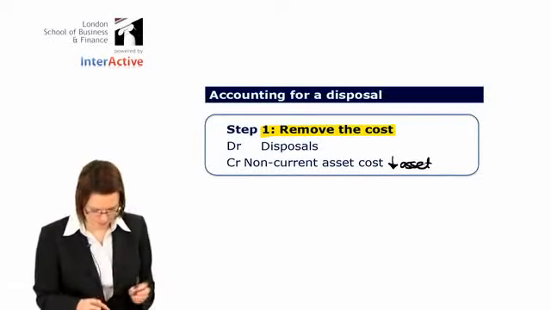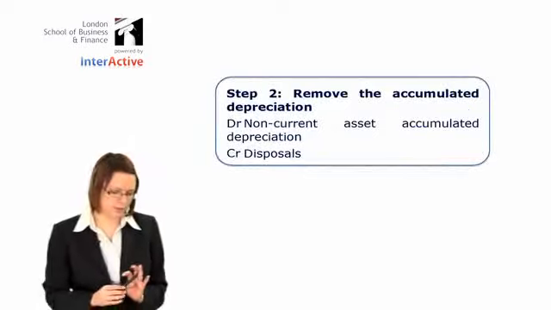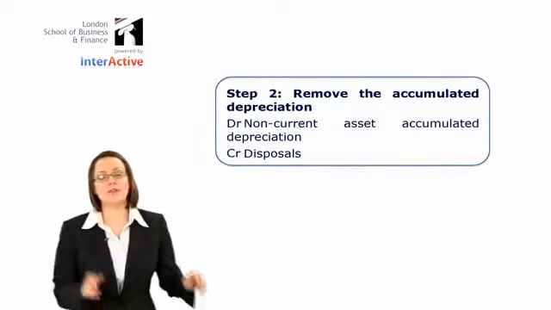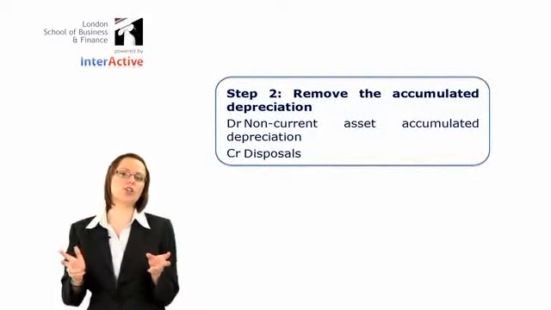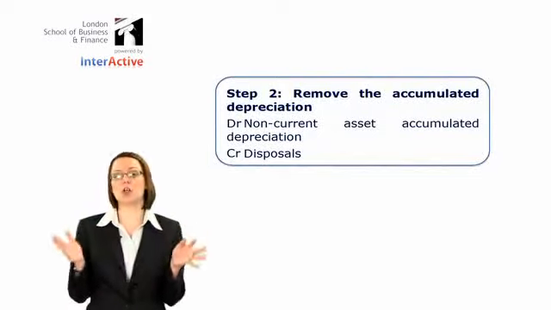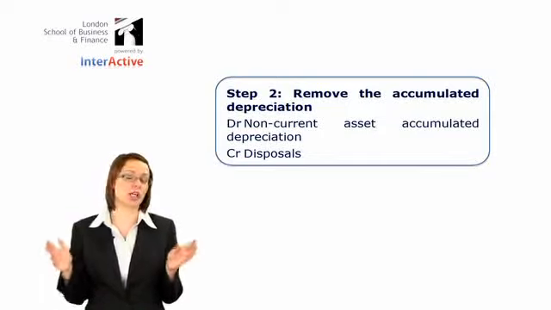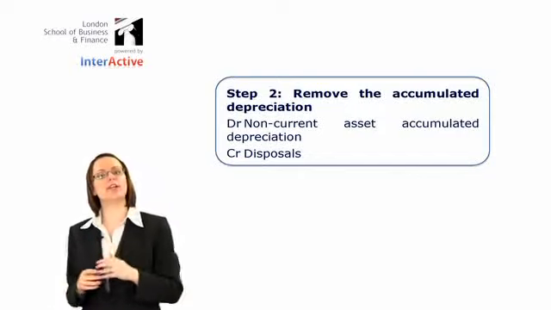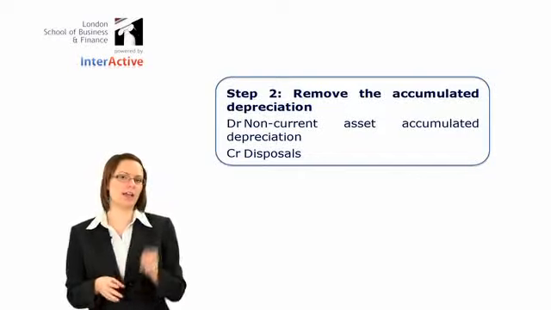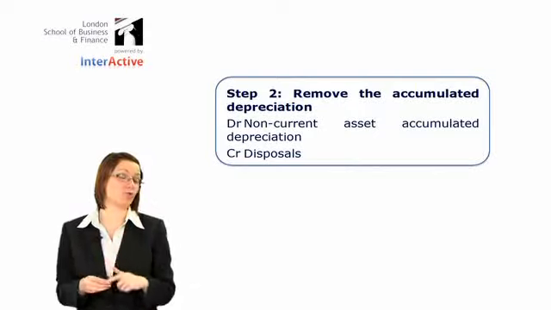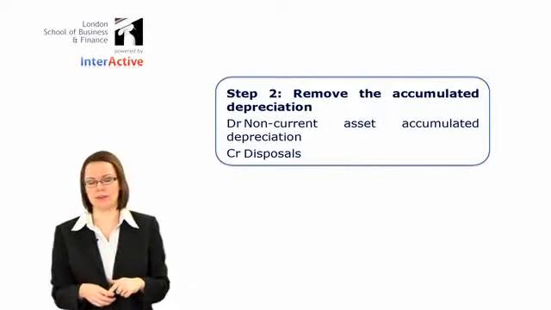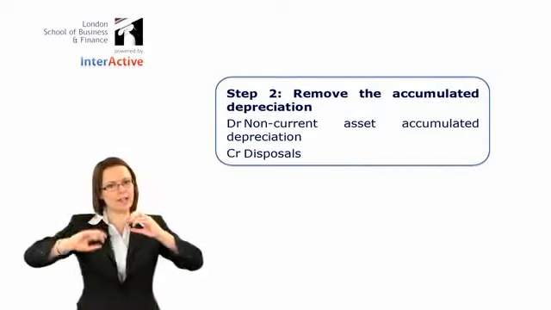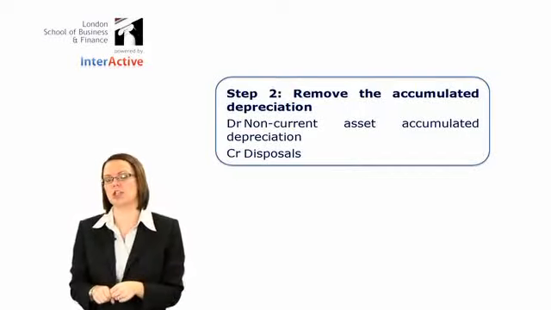So we've done that. Step 2 is to remove the accumulated depreciation. If you no longer have the asset at cost, you no longer have the accumulated depreciation associated with that asset. So you need to wipe clean the accumulated depreciation account in relation to the asset that no longer exists. Now, accumulated depreciation acts as a way of reducing the asset values in the statement of financial position.